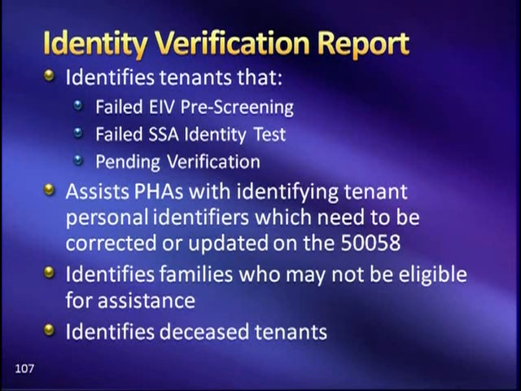Also, remember I said earlier, all individuals that are required to disclose a Social Security number, by now they should have done so. So for any household who does not have Social Security numbers disclosed, guess what that means? They're not eligible for assistance.